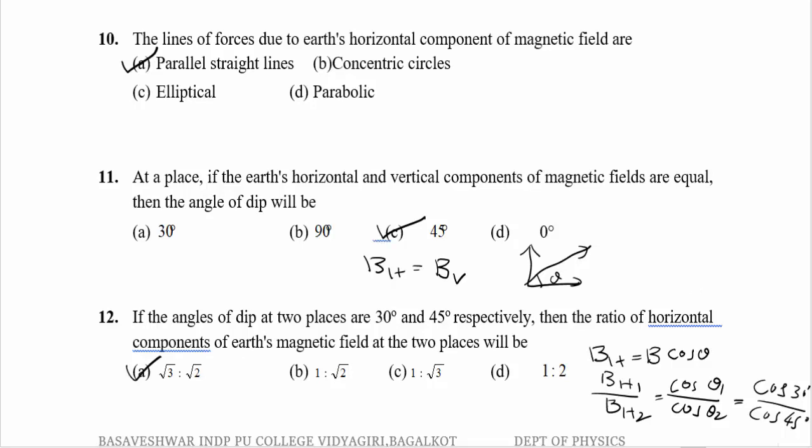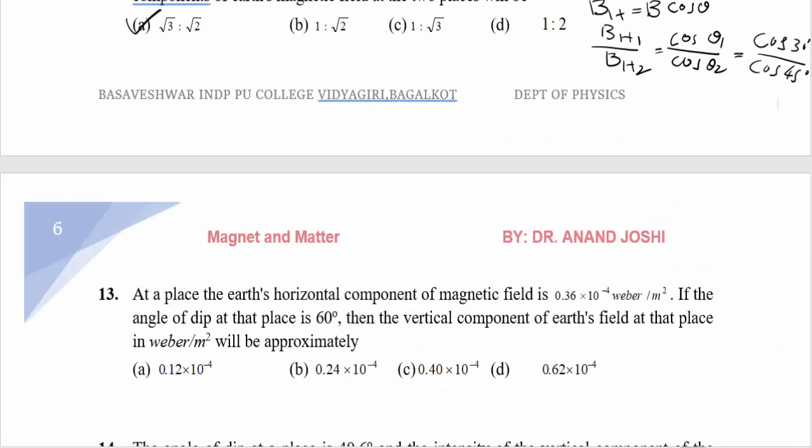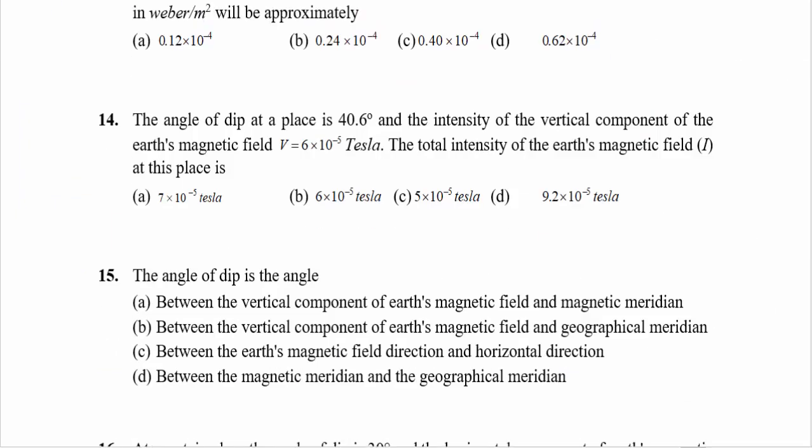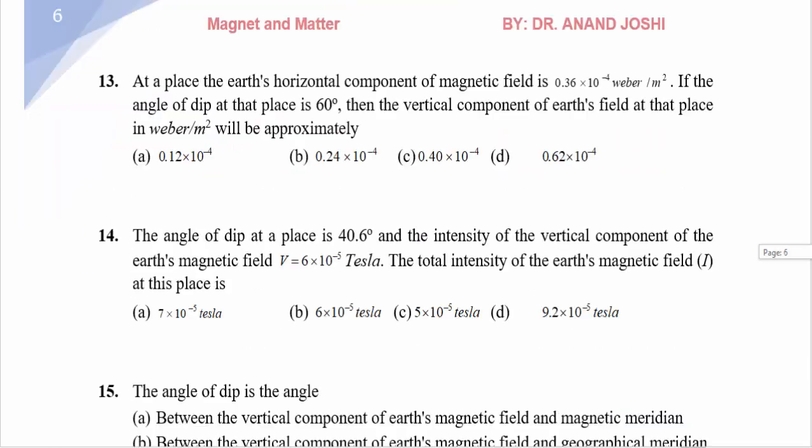Okay. Next question. 13th question. At a place, the Earth's horizontal component of magnetic field is 0.36 into 10 raised to minus 4 Weber per meter square.